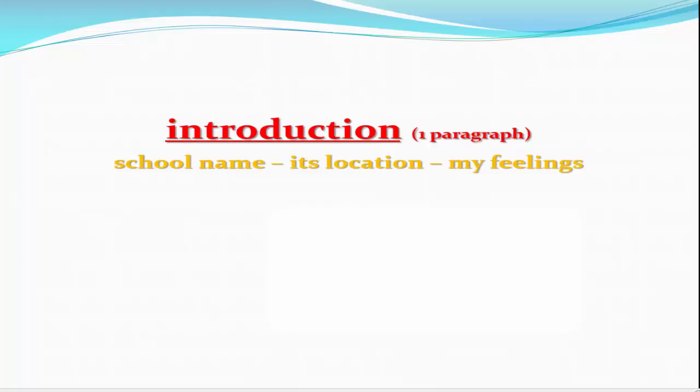Its location, you could say it is located in Doha, it is located in Abu Nakhla, it lies in Abu Nakhla, it is in Abu Nakhla, so all these ways are correct. My feelings, I could say I love my school very much, I like my school, I don't like my school, I hate my school. Write about your real feelings.